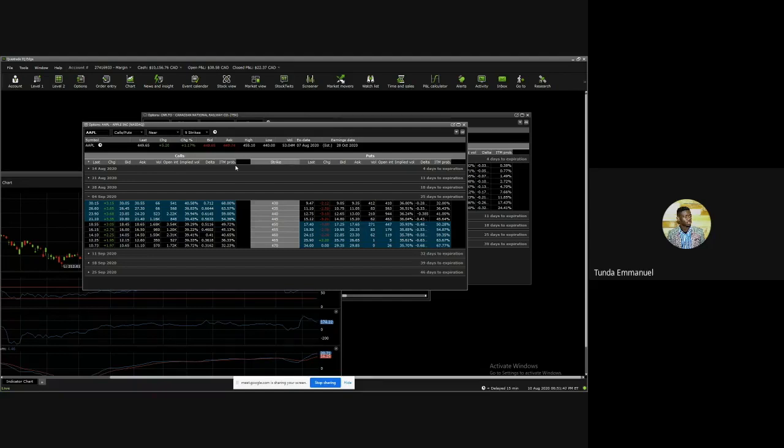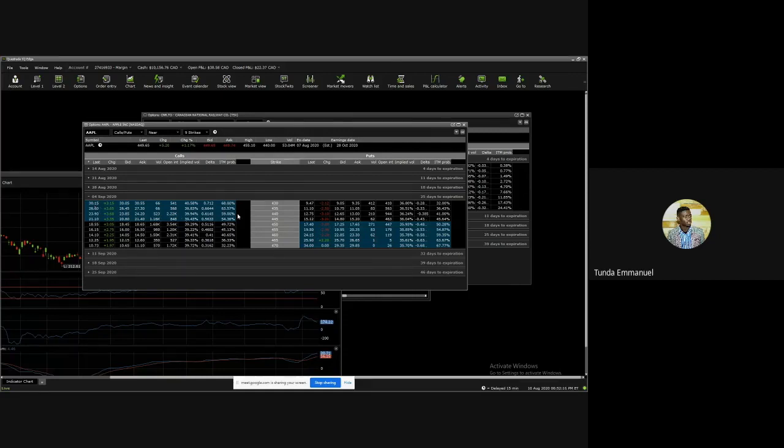It tells you the probability of the stock price to get to or be at your strike price.